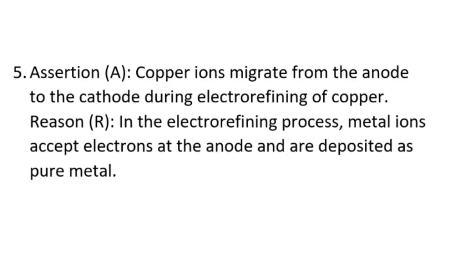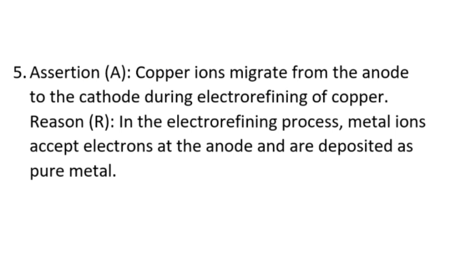Next question, assertion: copper ions migrate from the anode to the cathode during electrorefining of copper. Reason: in the electrorefining process, metal ions accept electrons at the anode and are deposited as pure metals. So here we can say that the assertion is correct because we know impure copper is taken in the anode and the pure copper will move to the cathode.